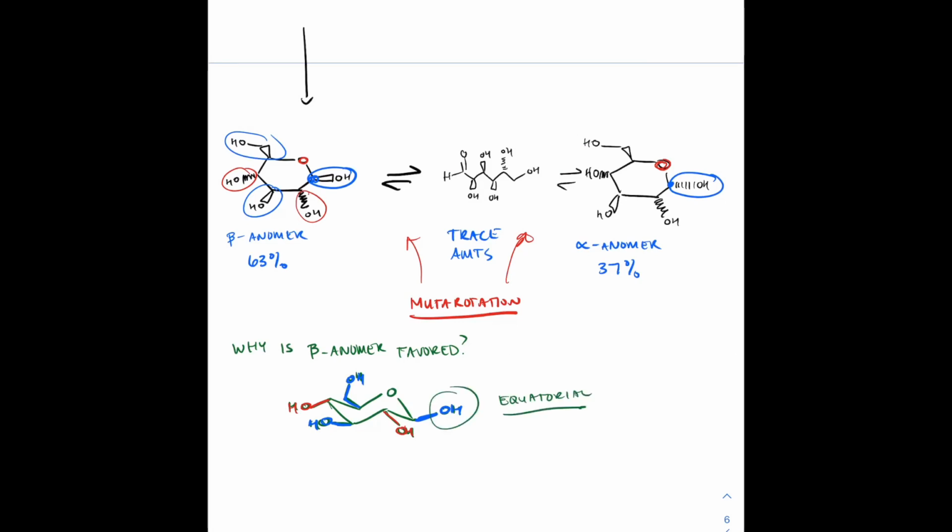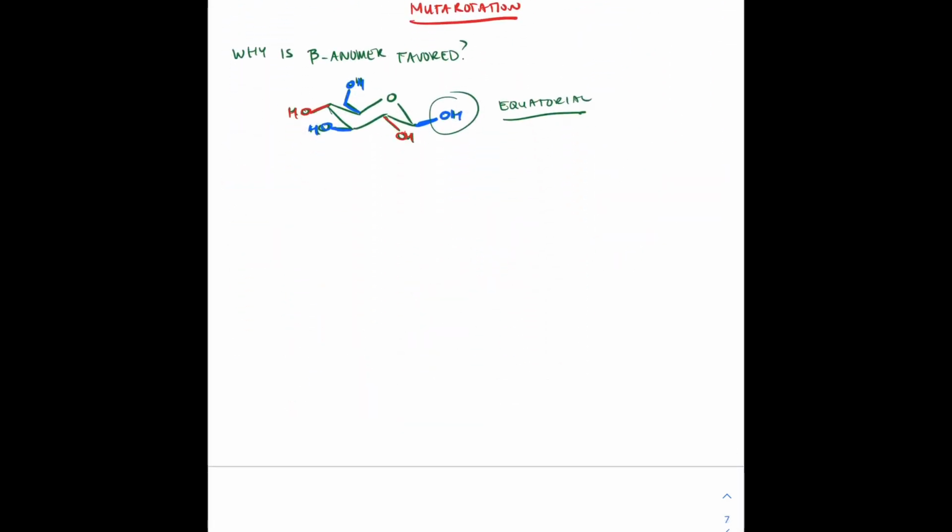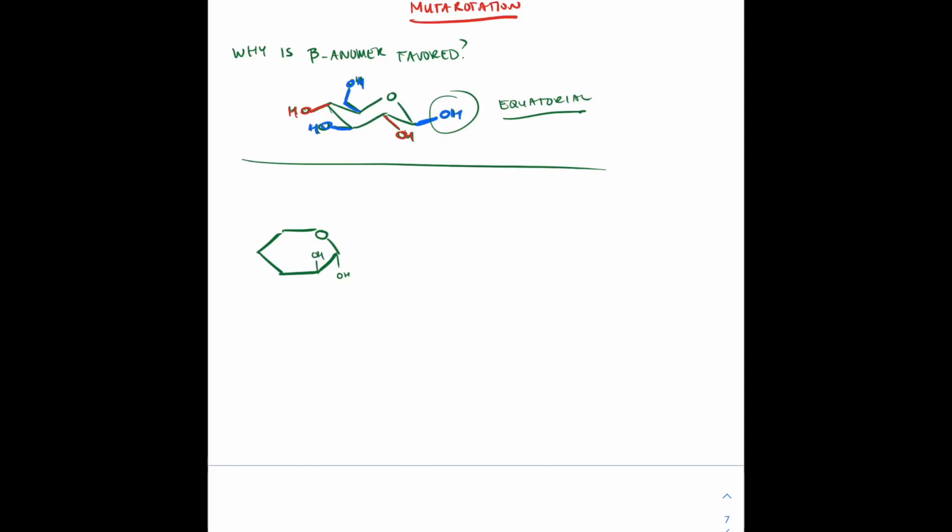And you can see that all of the blue are up, including the OH at the anomeric carbon. So since that OH group is up, that means it's a beta anomer. And also, I indicated in the past discussion that beta anomers also have that OH group in the equatorial position.